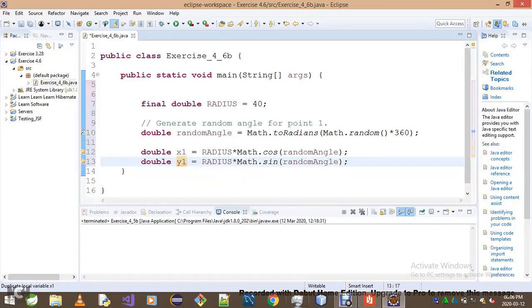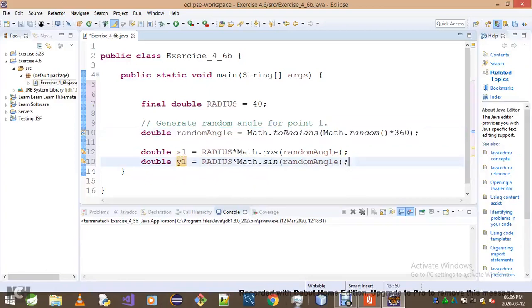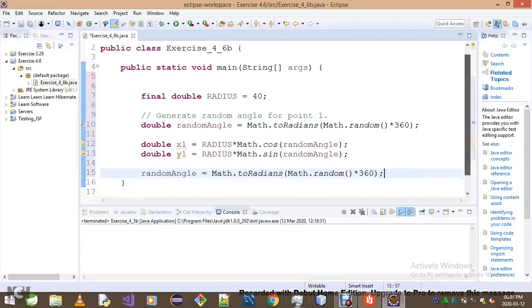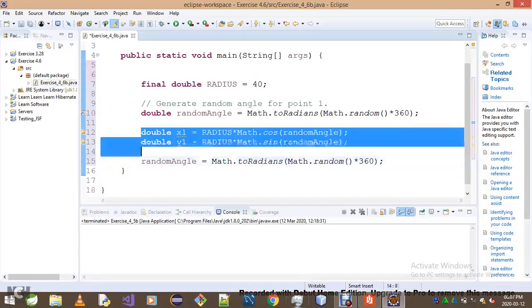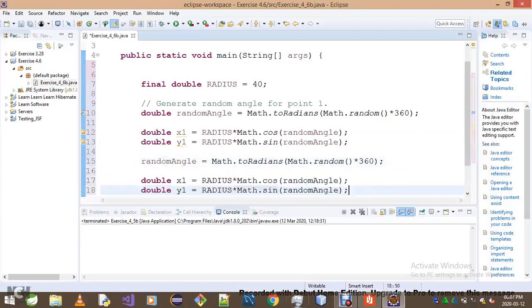So here's what I'll do. I'll do this again. I don't want to have 3 variables for different angles. I can use one and the same variable and keep updating it the way I did here. I hope everyone is clear what's going on here.